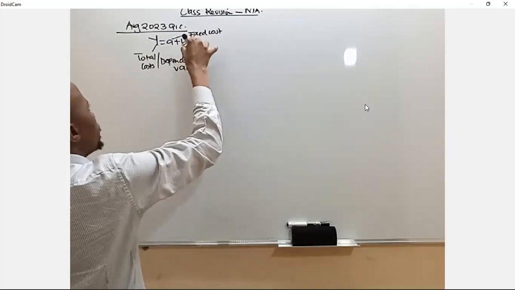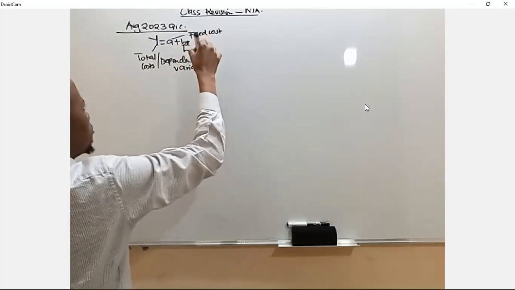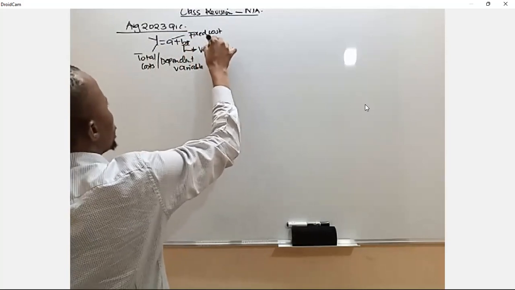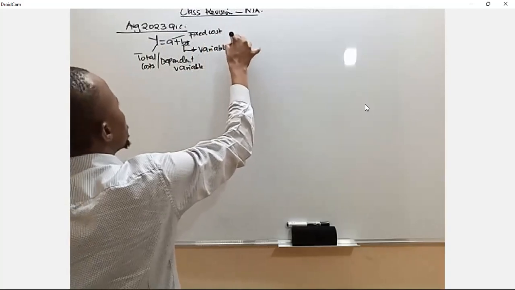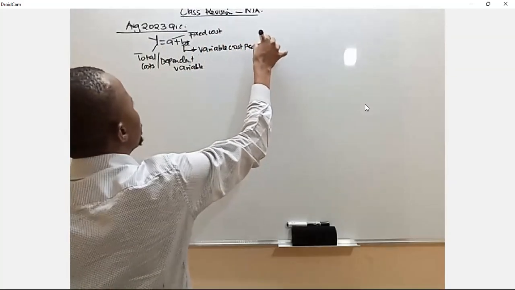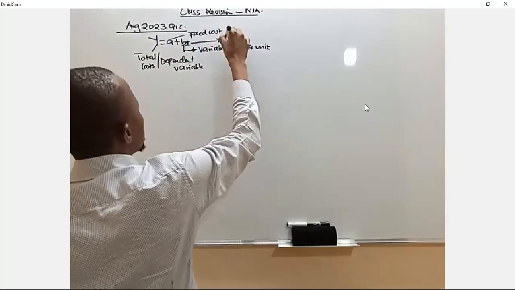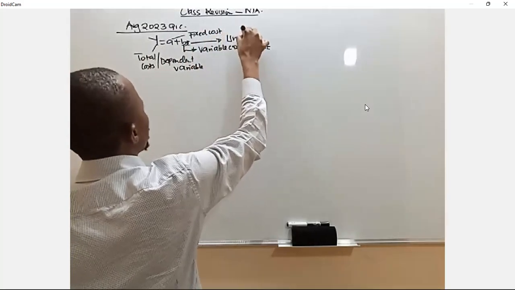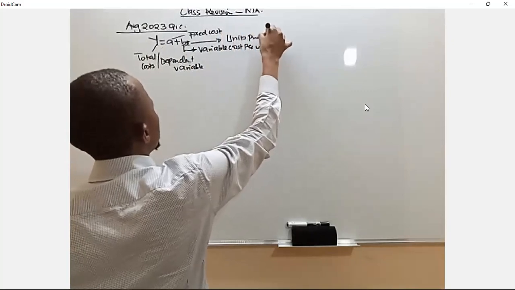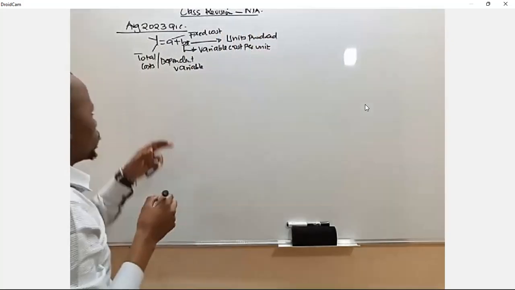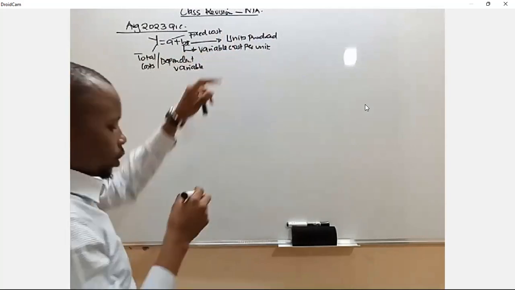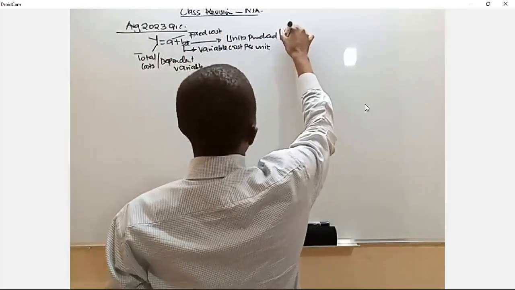Our B should be the variable cost per unit. Then this X of ours should be the number of units produced, which is the independent variable.